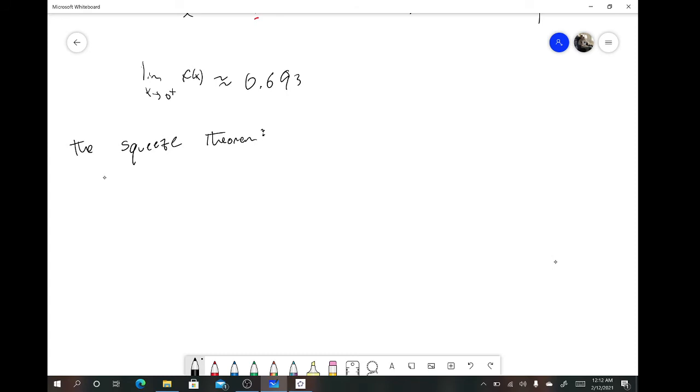Okay, so the squeeze theorem will provide us with a useful way of calculating limits.